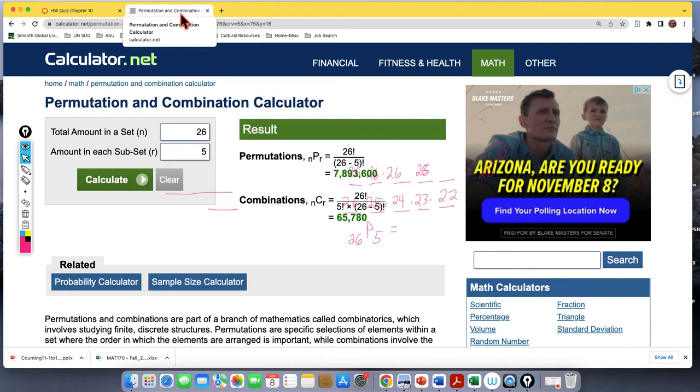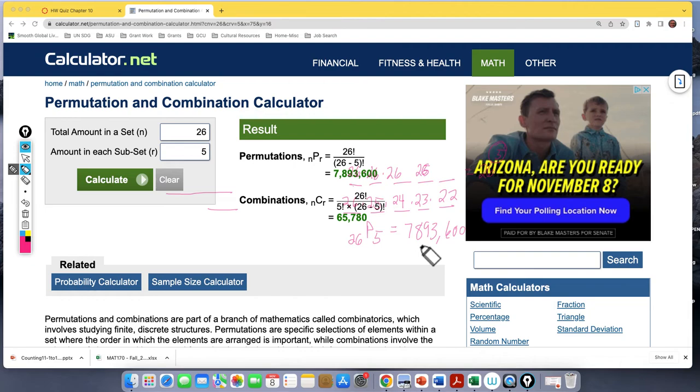Question? So that's a permutation, right? That is a permutation. So we would use the bigger number here, 7,893,000. And I'm going to write that down here, 7,800,000. So why is it 5? Isn't it 4? Did I read that wrong?